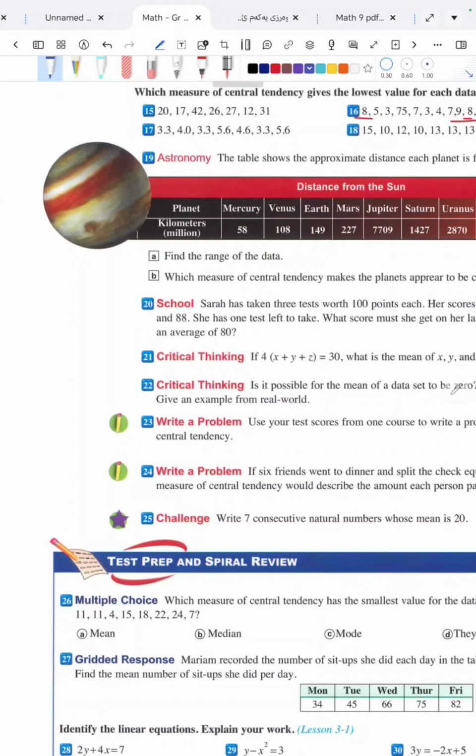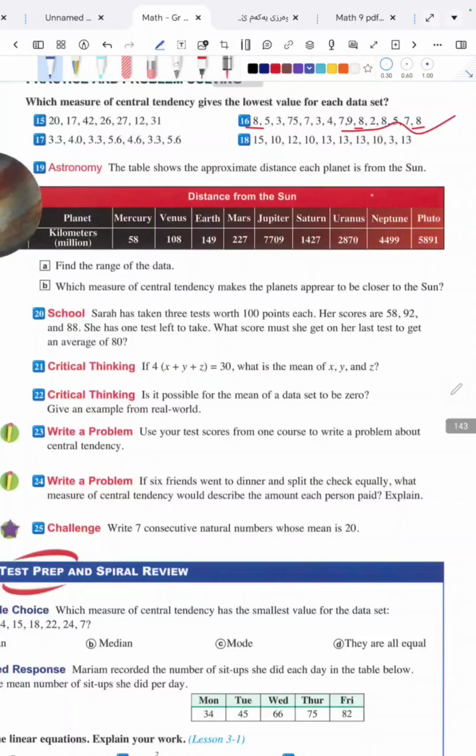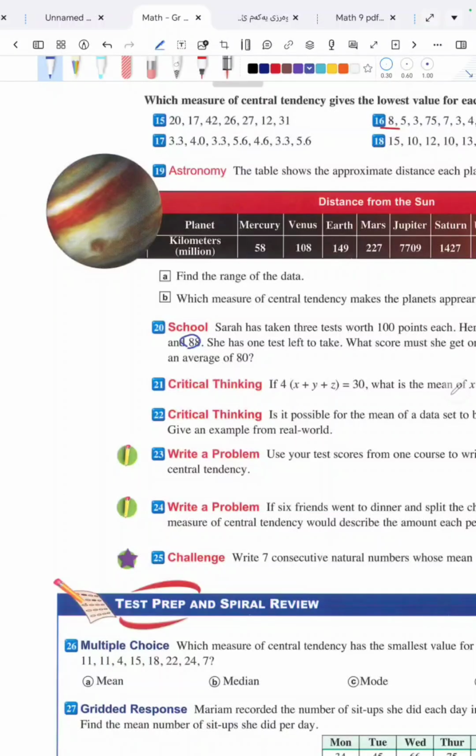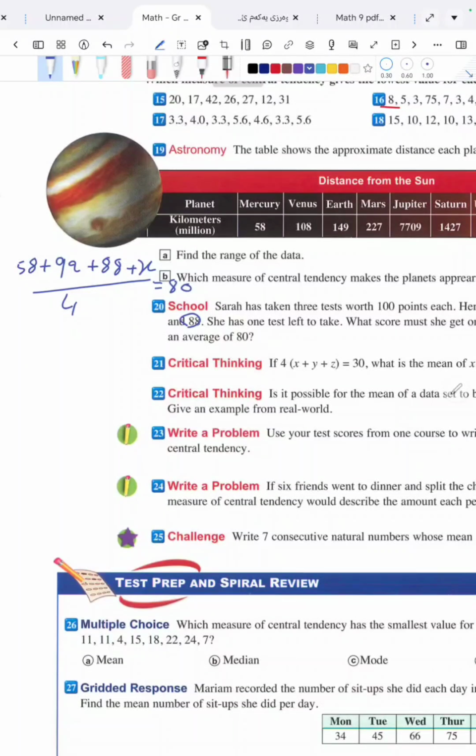Let's solve. Her scores are 58, 92, and 88. The last one is unknown, so we will put x. So 58 plus 92 plus 88 plus x, divided by 4, equals 80. 58 plus 92 plus 88 equals 238. So (238 plus x) over 4 equals 80.